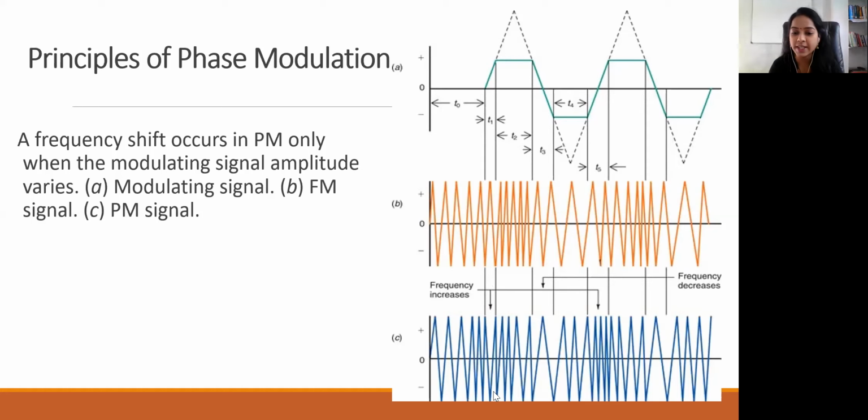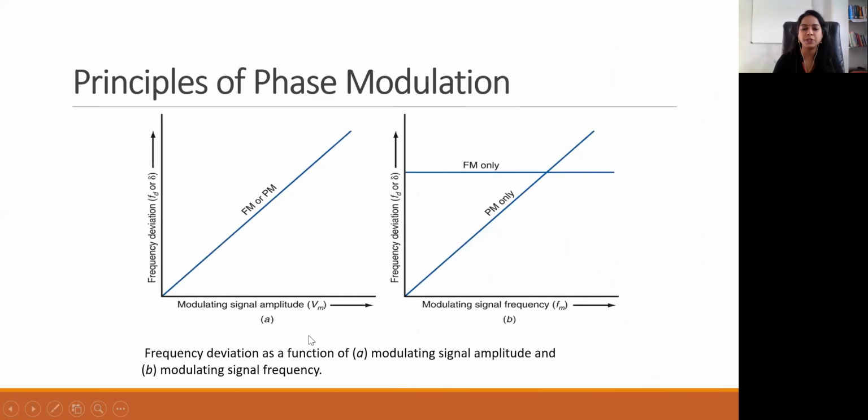Here you can see that the phase is also changed at this point. This is the first incoming amplitude. This is time t1. With this time t1, the phase of this frequency is also changing. So this is called phase modulation. It will be clear to you in the next picture also.